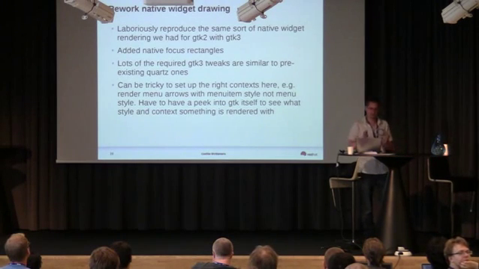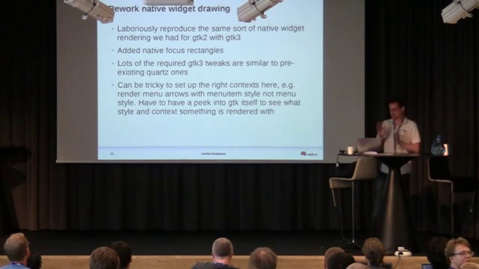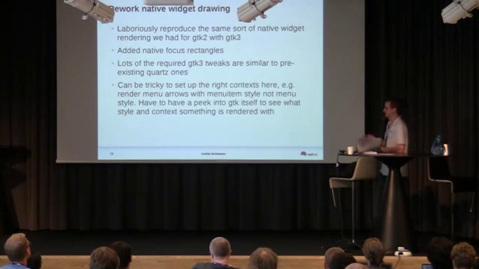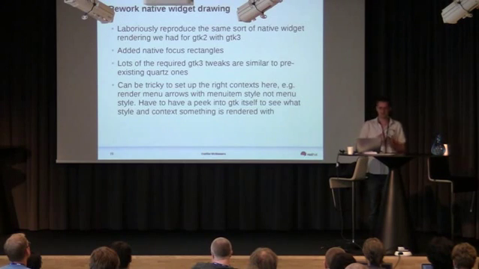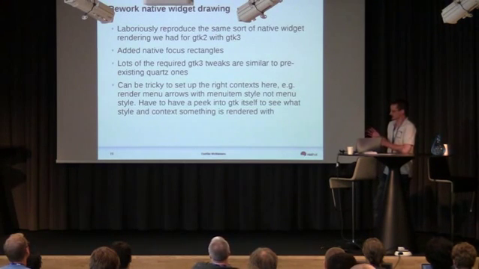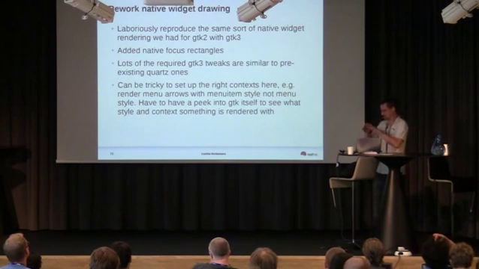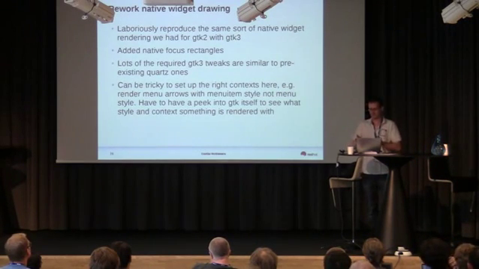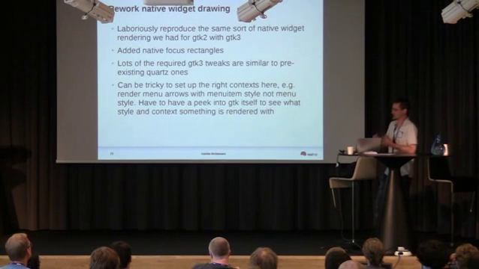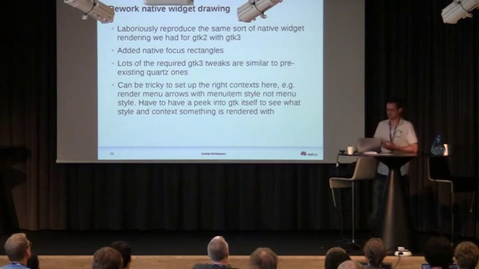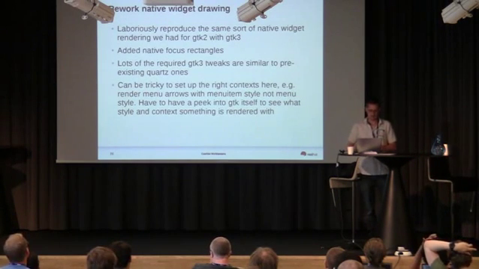Luckily enough, GTK3 coincidentally has a lot of things in it that are very similar to what we have in the Mac. A lot of the Quartz hacks that we have in that backend can be used in the GTK backend as well. So the focus rectangle slightly outside the widget, things like that, they're all corner cases that we already had support for. It's just a matter of using them for GTK3 as well as the Mac one.